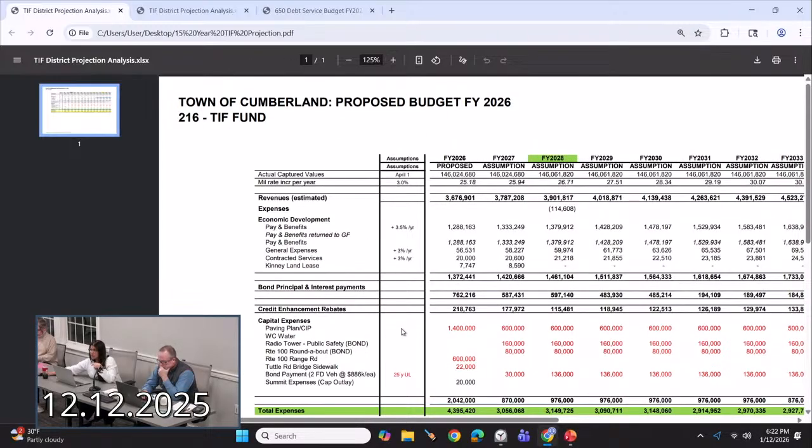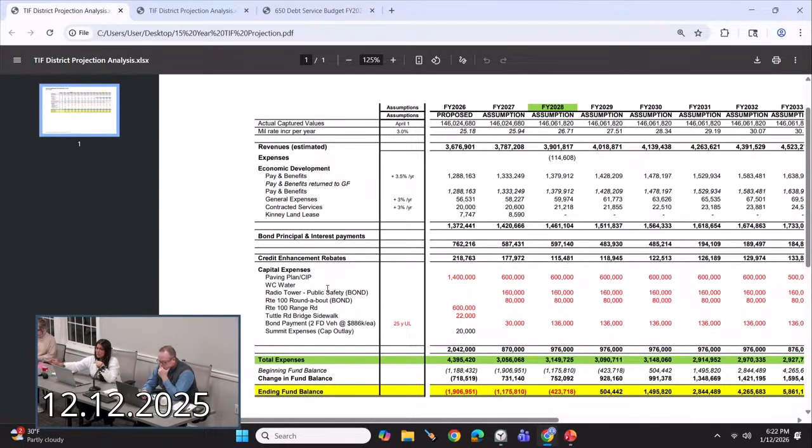As you can see, the only things that we've been bringing forward were to use the TIF for the roundabout at Route 100, correcting Route 100 at Range Road, and building a public safety tower.